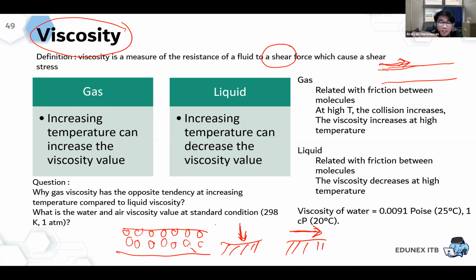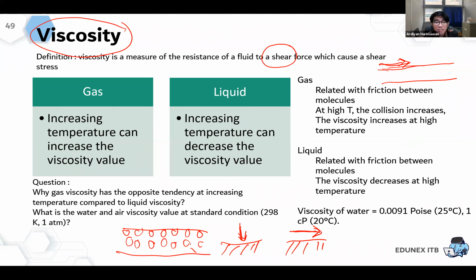What happens if the temperature is increased? Basically, when you increase the temperature, both for gas and liquid, the interactive force will increase, because the moving energy, or the collision energy, will be higher, right?